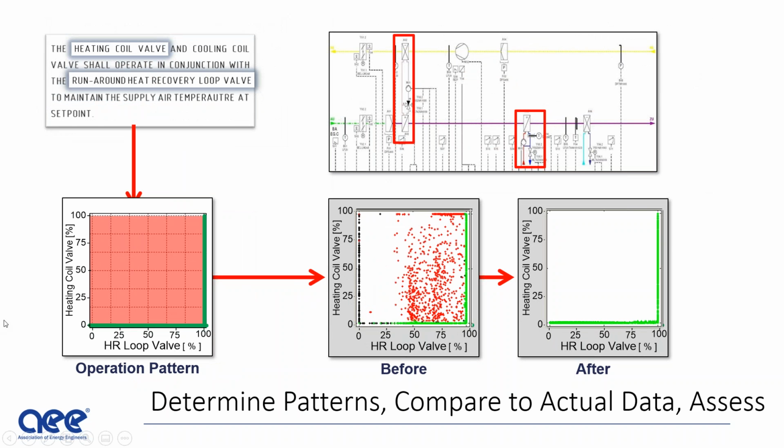Here's another example, and this is a heating coil valve and a heat recovery loop between supply and exhaust air. Again, we saw issues with optimizing it, and made the implementation and saw nice clean data afterwards.